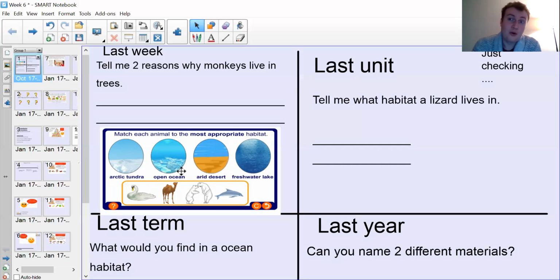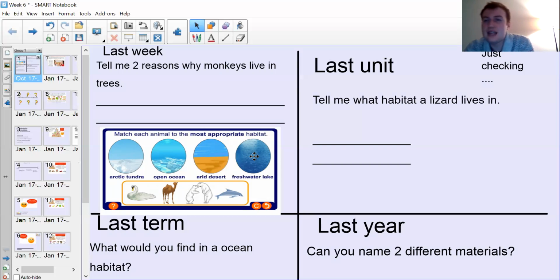Did you tell them how their hump reserves water, so that it doesn't matter if it takes them a long time to find water? Did you tell them how they have really long eyelashes so that their eyes can be protected from the sand? Did you tell them how they can live in really hot temperatures so they're absolutely fine to live in the desert? I wonder which one you thought of.